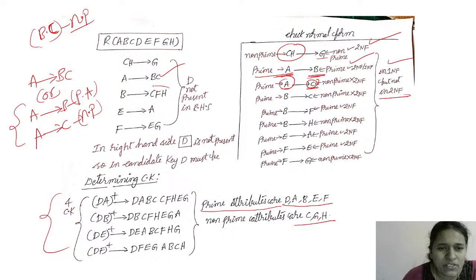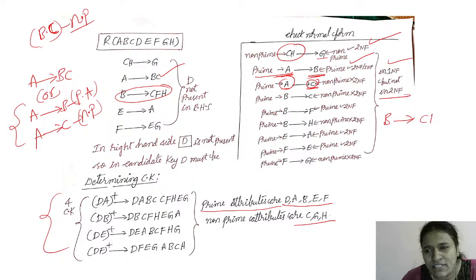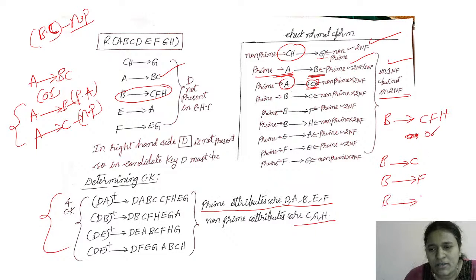Again, B to CFH, I have divided this. I write B to CFH like this: B to C, B to F and B to H. There is no problem, right? Here B is a prime attribute, prime to non-prime.